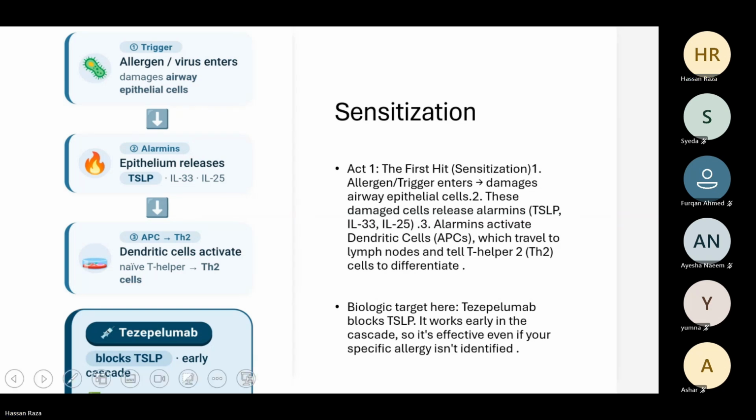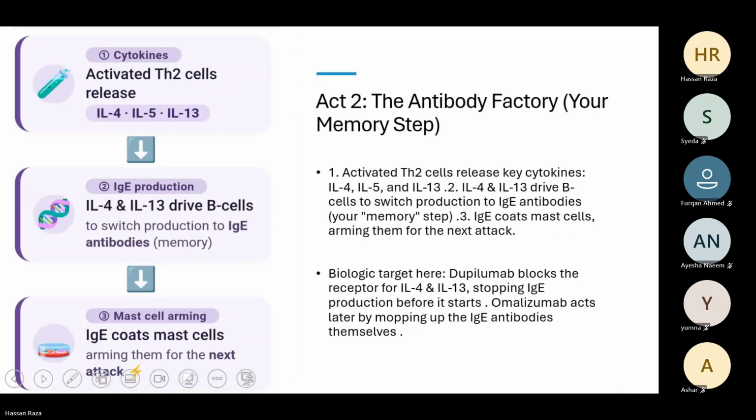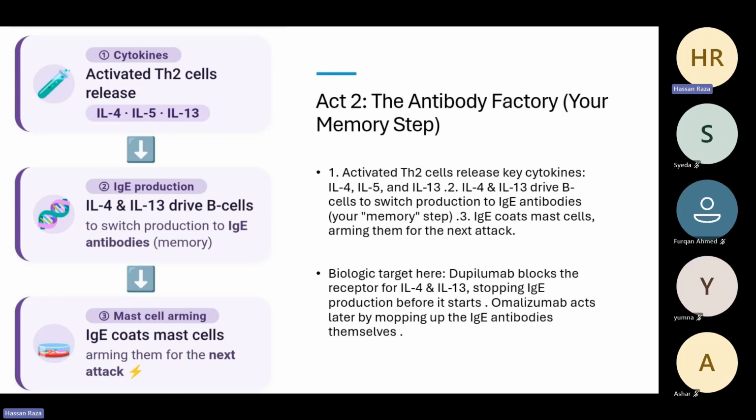Now, the next step. What do the T helper cells do when they get activated? They release some interleukins: interleukin 4, interleukin 5, and interleukin 13. Here you need to memorize that interleukin 4 and interleukin 13 are really important because there are some drugs which act on these interleukins, and I will discuss them later.